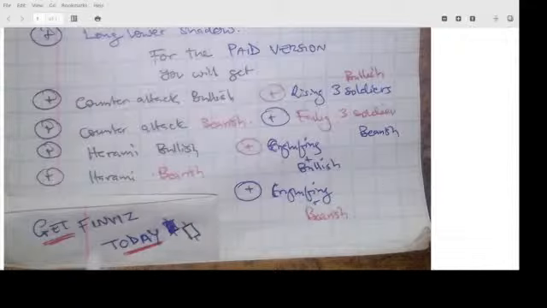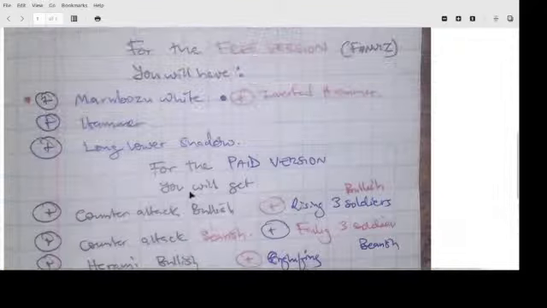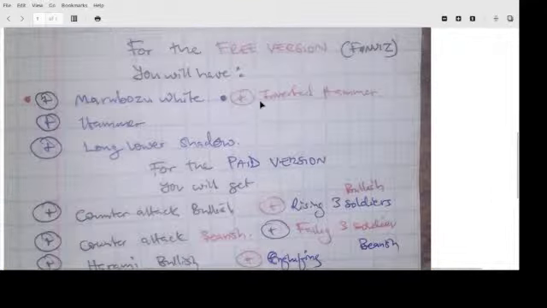But this is what happens. With the paid version, you're going to get more patterns. The one that I just showed you is the inverted hammer. This one.